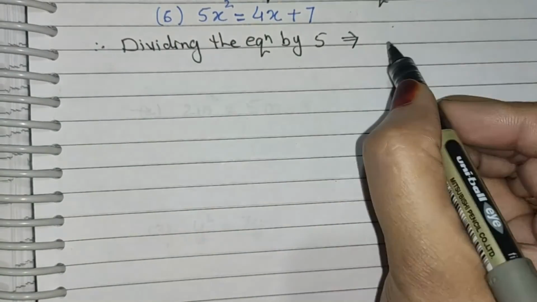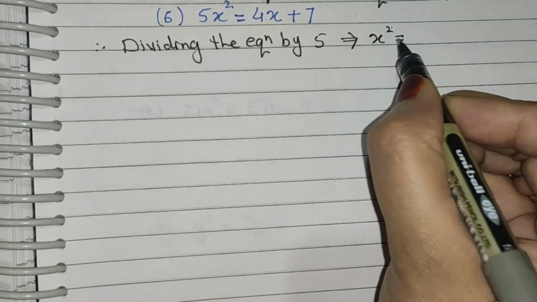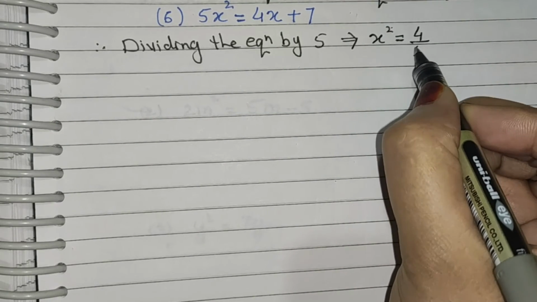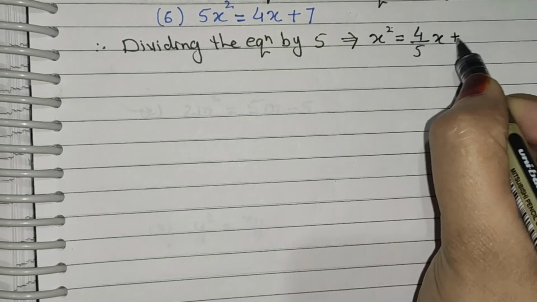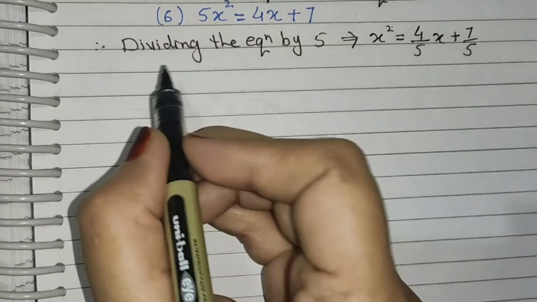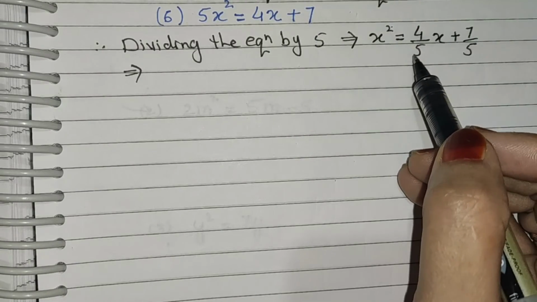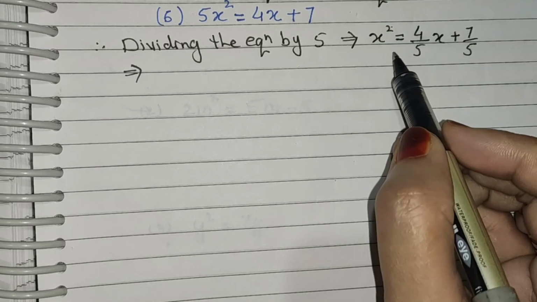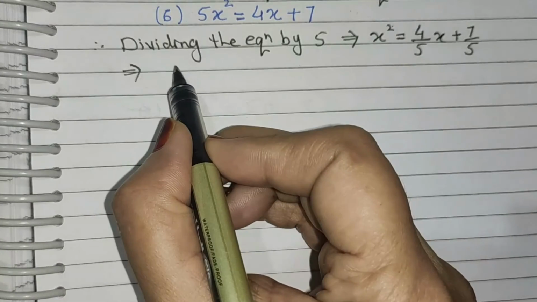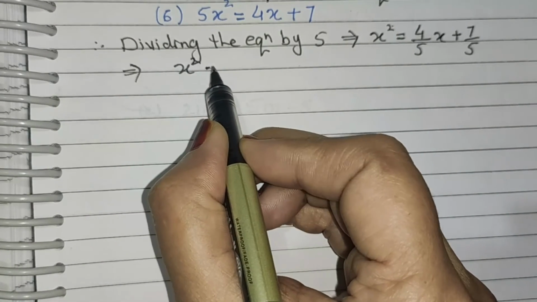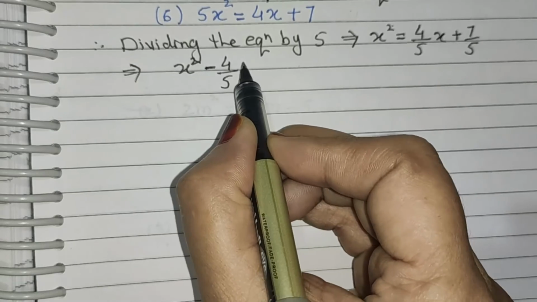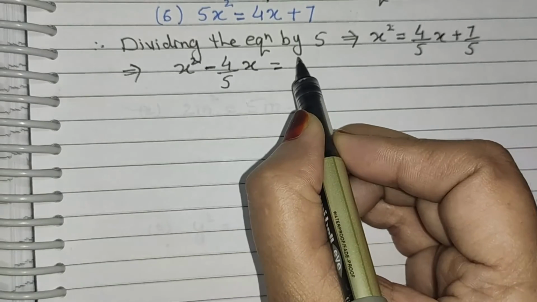We get here x square is equal to 4 upon 5x plus 7 upon 5. Now shifting the terms of the variable to left hand side, therefore x square minus 4 upon 5x is equal to 7 upon 5.